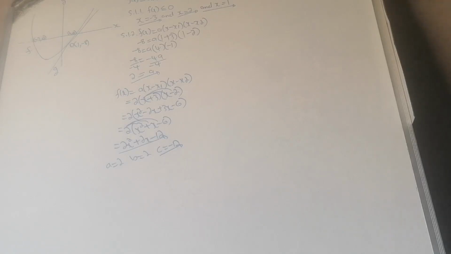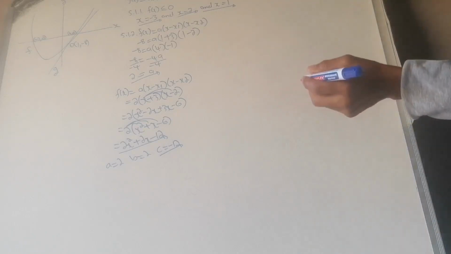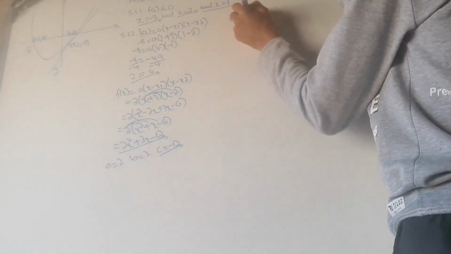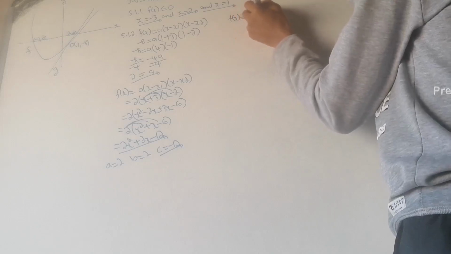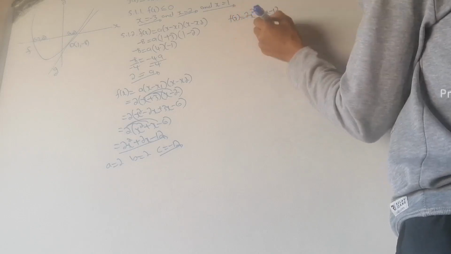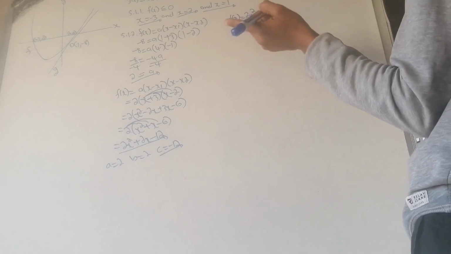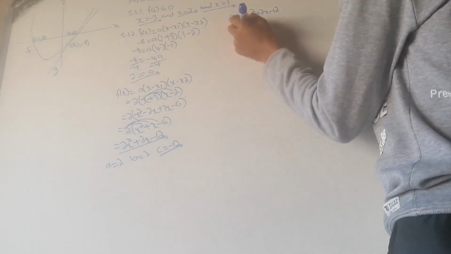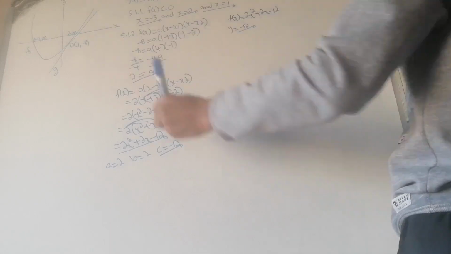Because for the y-intercept x is equal to 0, and the equation f(x) equals 2x squared plus 2x minus 12, for the y-intercept x is equal to 0, so y equals -12. Is it true that the y-intercept is -12? No, it is not. So where's the problem?